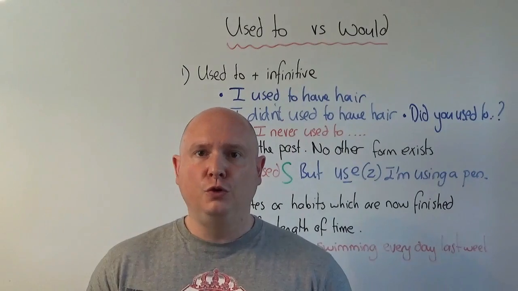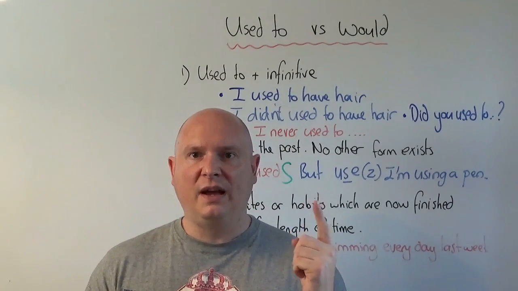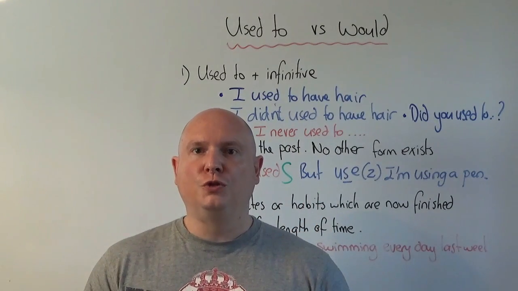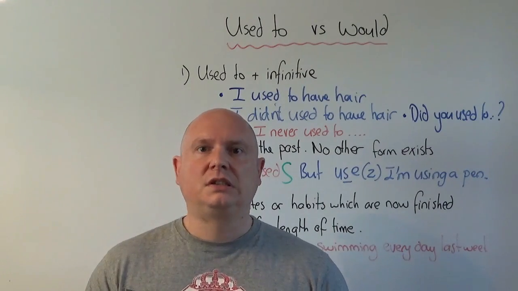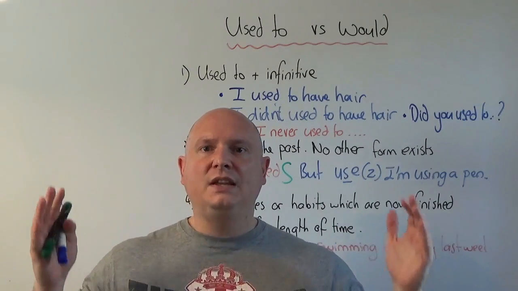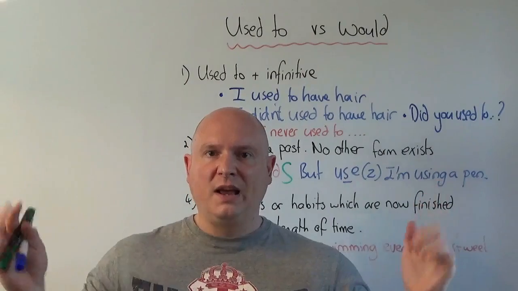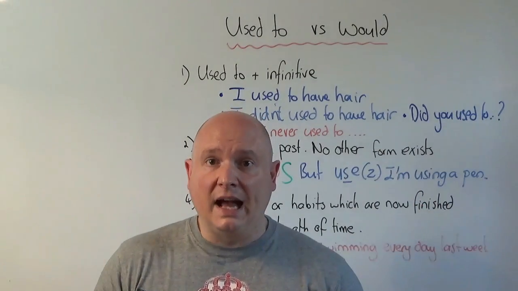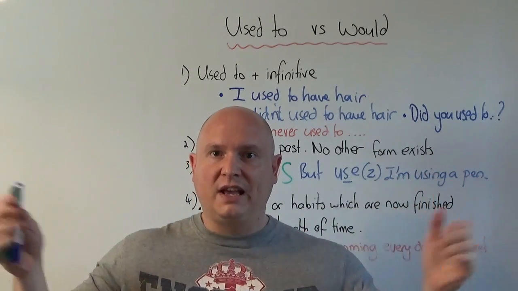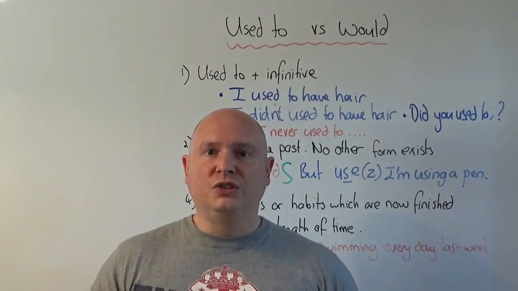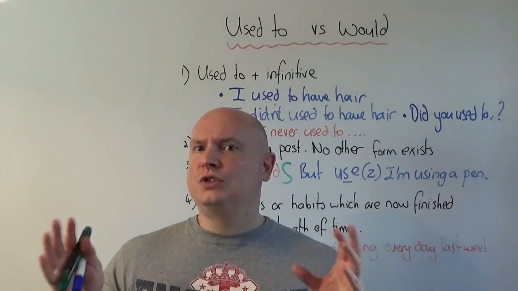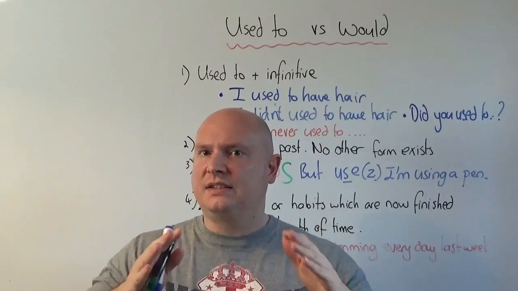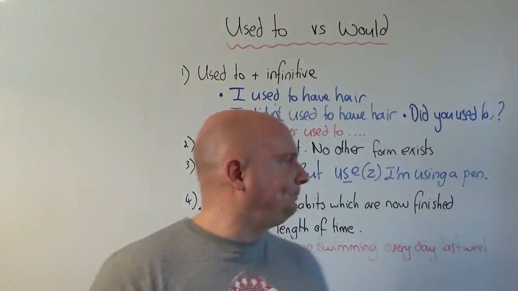You don't say used to plus a specific time word. I used to go to work on Thursday. Doesn't work. We need a more general time expression. When I was younger, I used to have hair. I used to live in England. There is sort of no time word here, but we understand it's for a period of time.